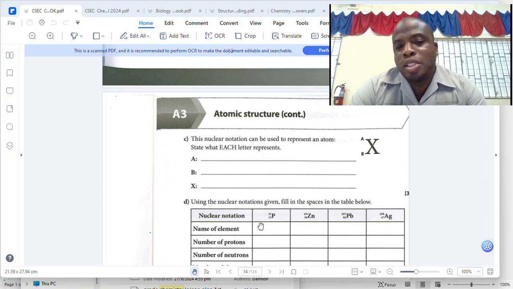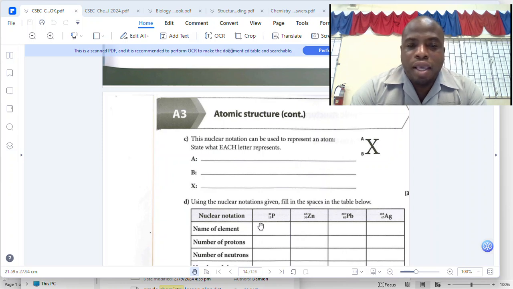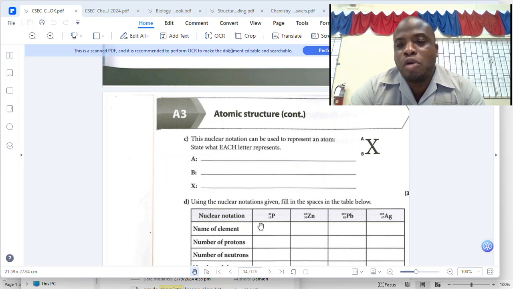So state what each letter represents. Starting with A. A is your mass number, your atomic mass. When we spoke about magnesium earlier on, do you remember the mass number? Yes, 24. That 24 will be right at the location where you're seeing A. So once you see a representation of this sent by CXC, you should make the connection as to what these numbers represent.